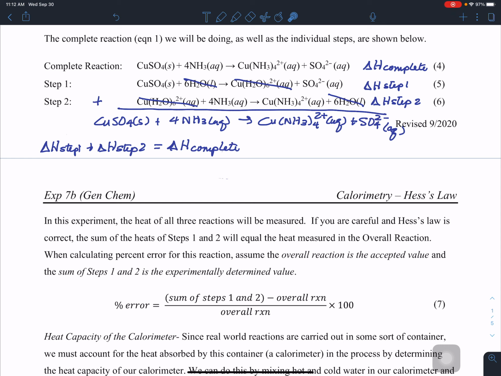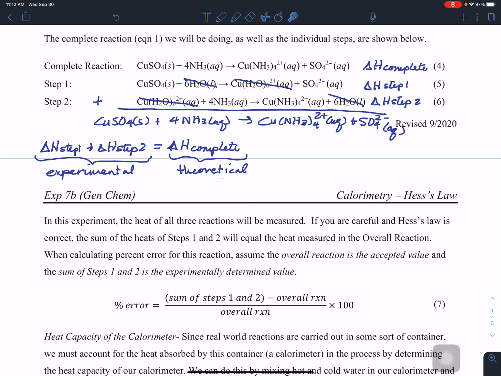So we're going to look at how far off we are, and we're going to consider the sum of the steps to be the experimental value, and the delta H for the complete reaction, we're going to call the theoretical value.